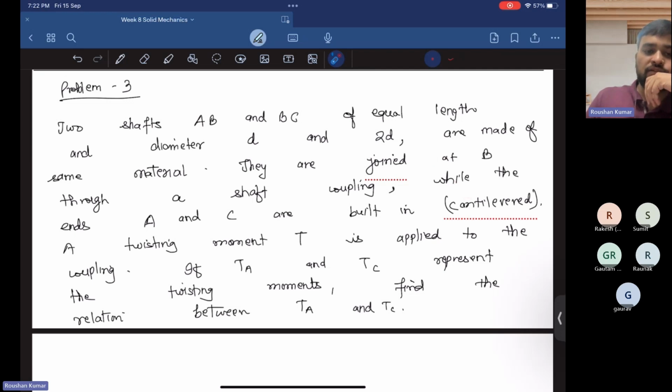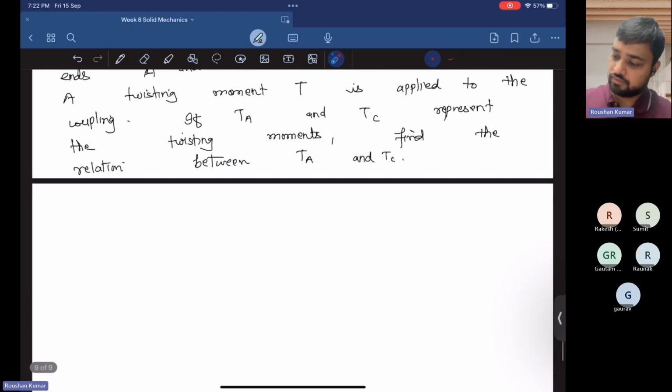They are joined at B through a shaft coupling, while the ends A and C are built in, cantilevered. A twisting moment T is applied to the coupling. If TA and TC represent the twisting moments, we have to find the relation between TA and TC.